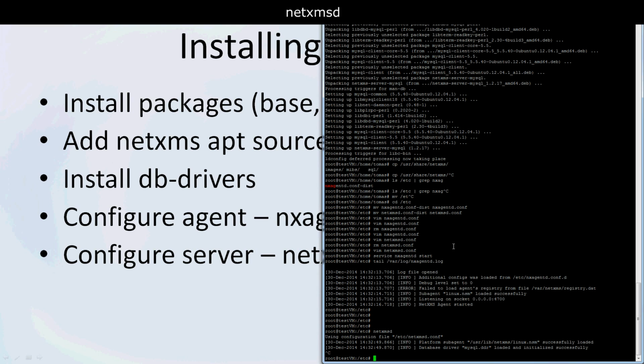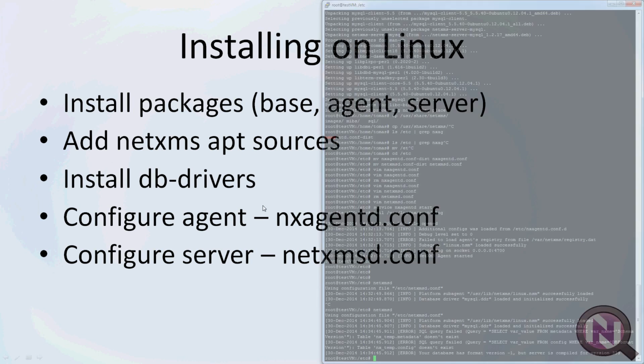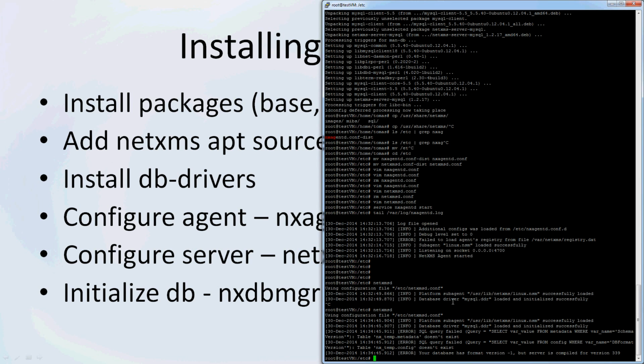So I have fixed the configuration on my database server, so let's run netxmsd again, and we will see an error because the database has not been initialized with the proper NetXMS tables. So in our configuration guide, that is the last step, initialize database. For that we have nxdbmgr.